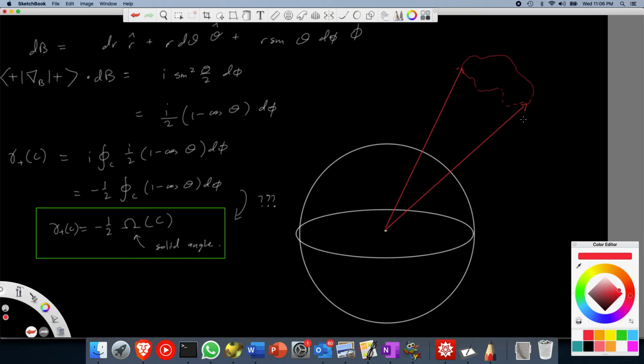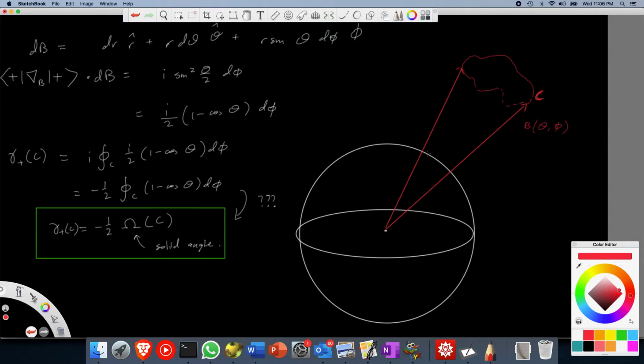Right now the magnetic field is parameterized by the angles theta and phi, and of course the magnitude. But what we have found out is that the Berry phase depends on the solid angle of this curve C, the parameterized curve C. The Berry phase depends only on the solid angle.